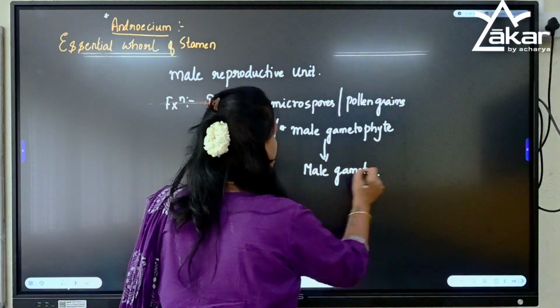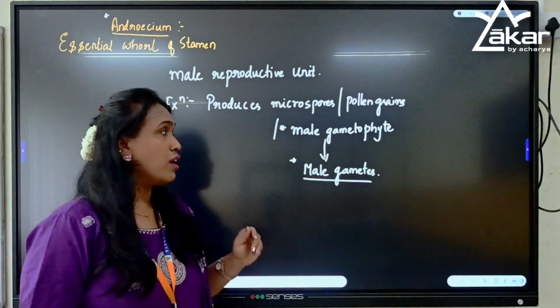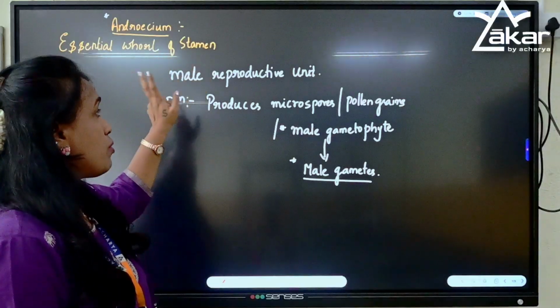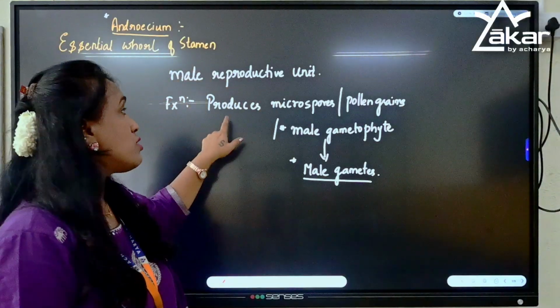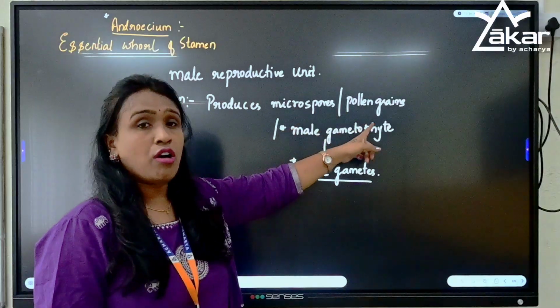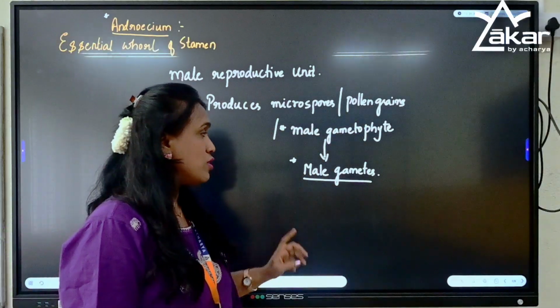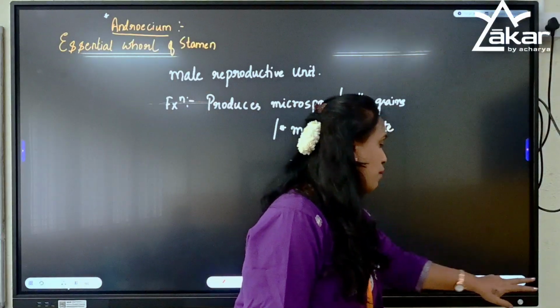How and the process we will study in a very short while. So this is about the androecium: essential whorl of stamen, a male reproductive unit. The function of this stamen is to produce microspore or pollen grain, which is otherwise called male gametophyte, which contains male gametes.